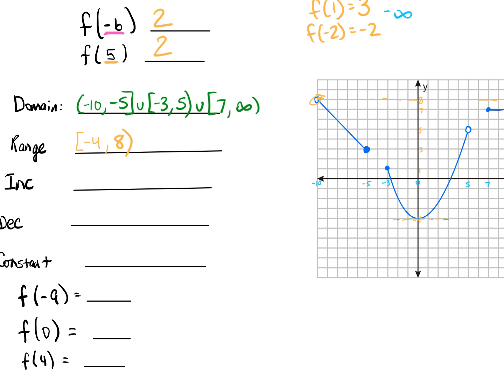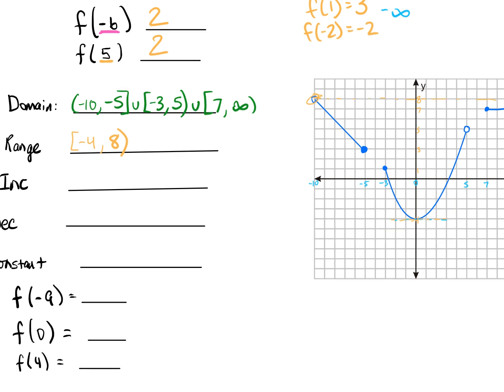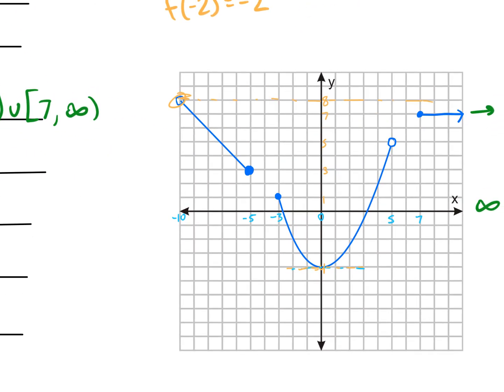Any questions with the range? Well, if you were to hold your pencil over any point here, yeah, there's a gap, but our graph still touches there. If we held our pencil over here, yeah, there's a gap on the right side, but our graph still touches there. So you would look for gaps, but we technically don't have any.